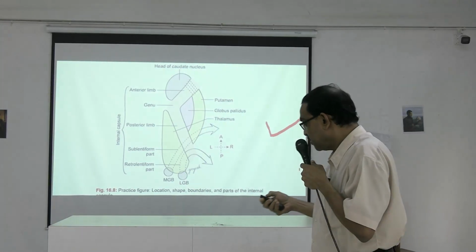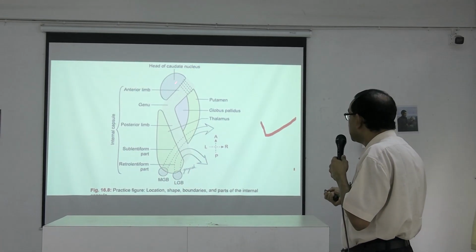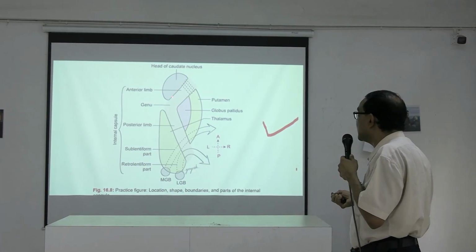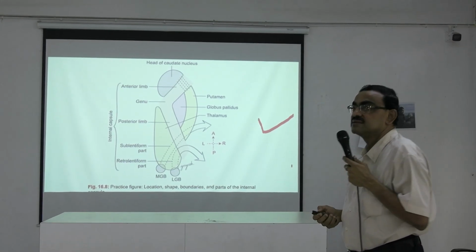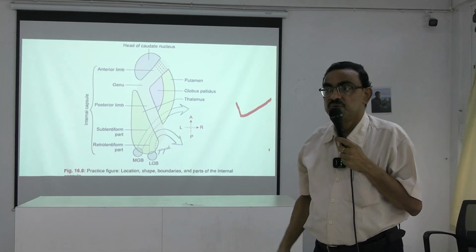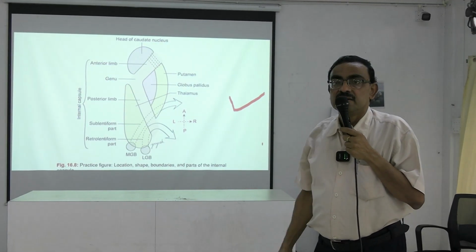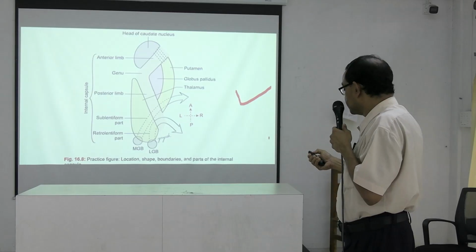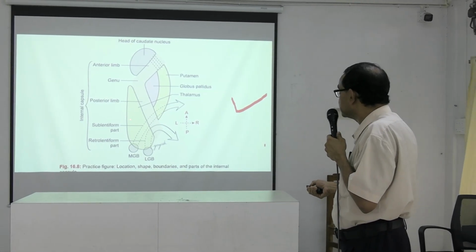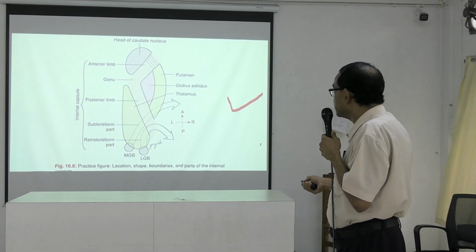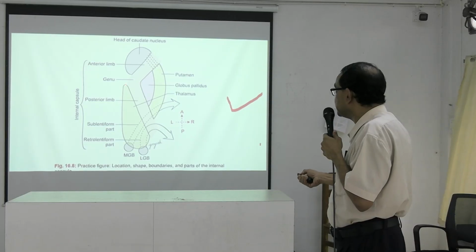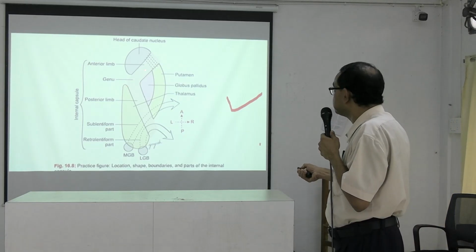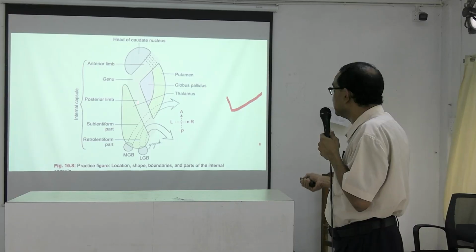Okay. So, through the anterior limb, the anterior thalamic radiation will pass, the centripetal fibers which are coming from the thalamus. Okay. This is the thalamus. From the thalamus, some fibers are coming from the anterior part. These fibers are passing through the anterior limb.